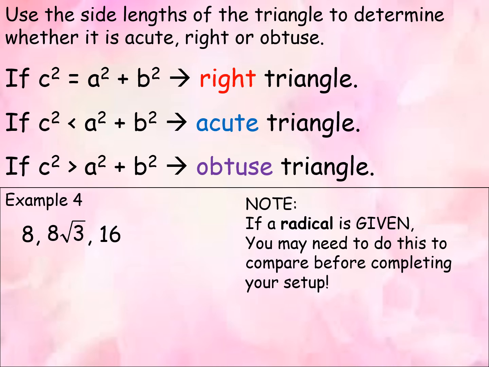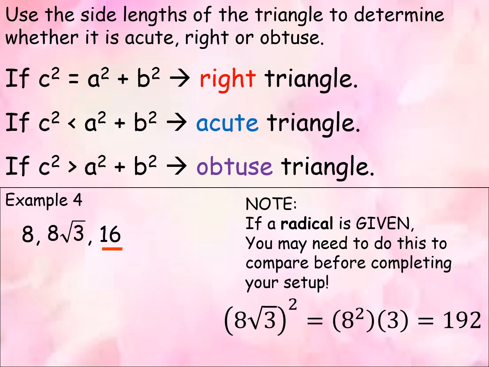Now let us have example number 4. So the longest side is 16. And note that if a radical is given, you may need to do this to compare before completing your setup. So meaning we are going to square 8 square root of 3 first. In squaring this, it would be equal to 8 squared times 3, eliminating the square root sign.